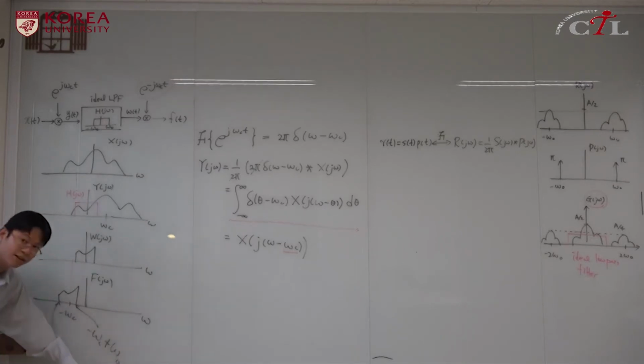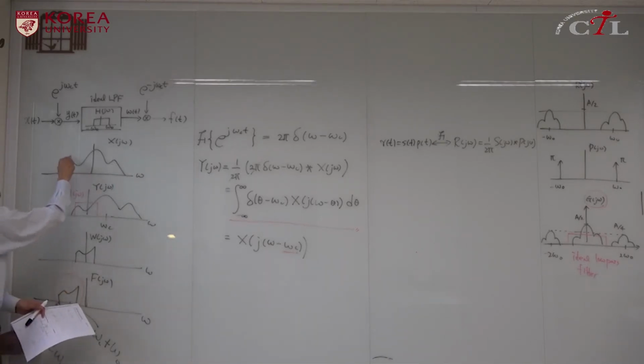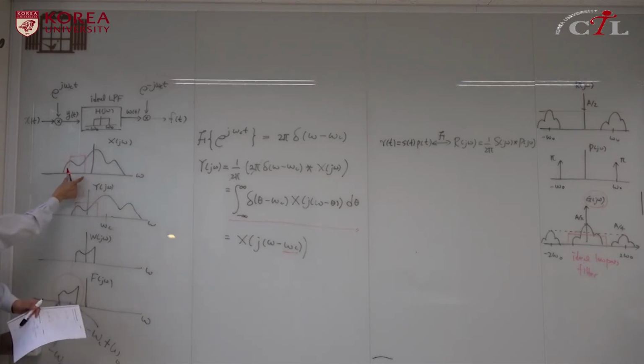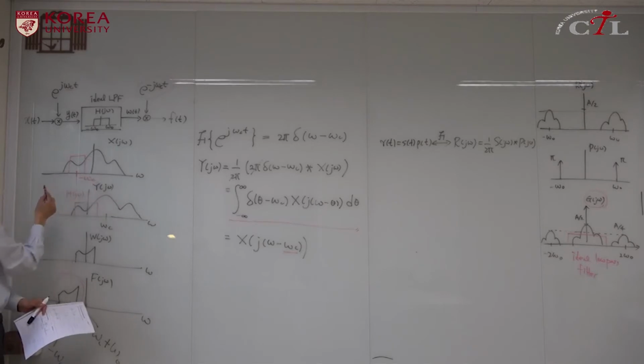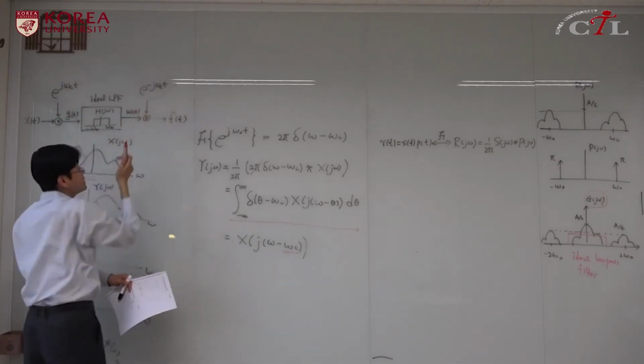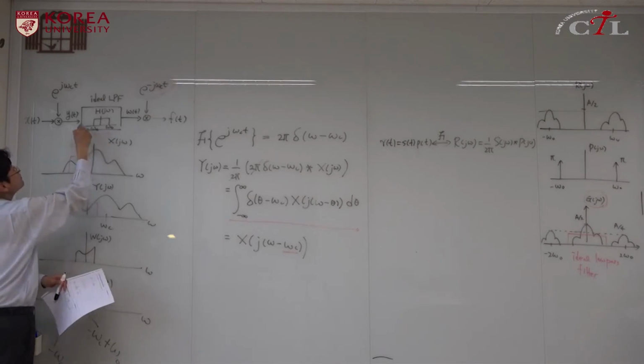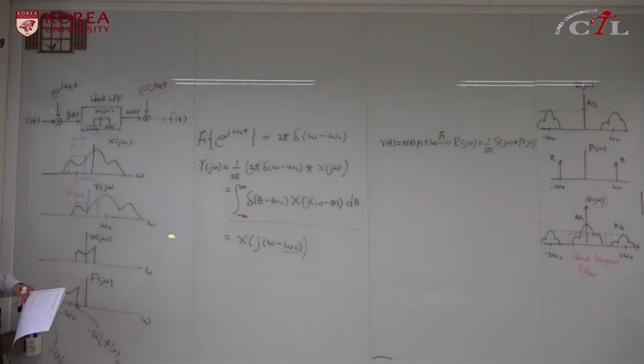It doesn't appear in the camera. Okay, so finally, what we have here is exactly, I cut this part. The center point was ωc, that's multiplied on here, and inverse multiplied back on here. And the bandwidth is 2ω0. That's the same as this low pass filter's bandwidth.